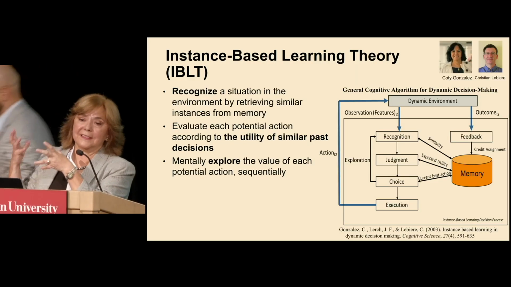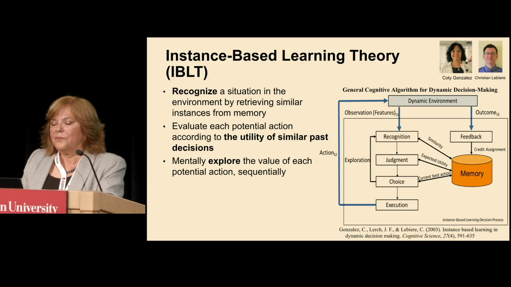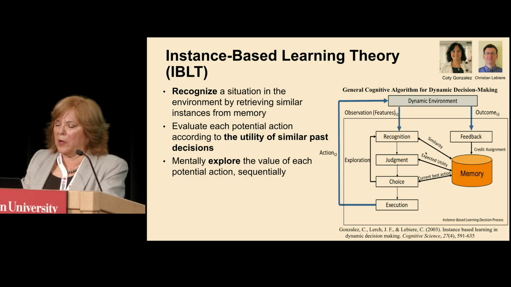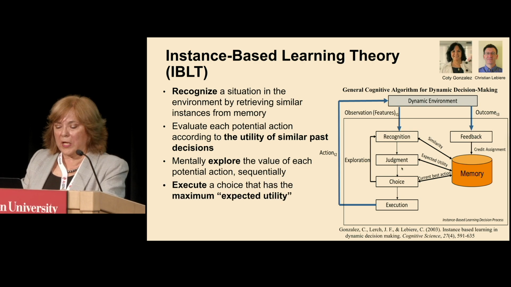By retrieving similar instances from memory. And then evaluate each potential action according to the utility of those similar instances or decisions that were made in the past. And then, like in Gary Klein's model, we mentally explore those various alternatives to evaluate their potential value sequentially, and then execute the choice that has the maximum expected utility up to that point.